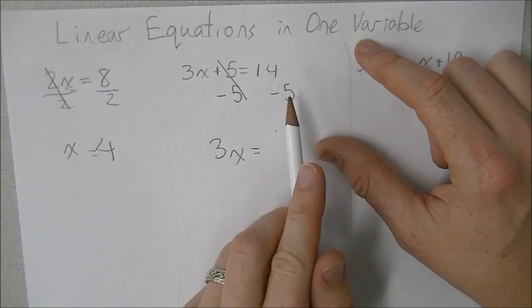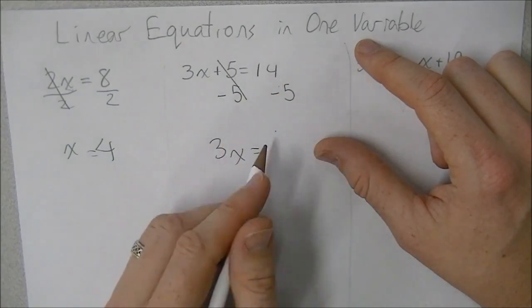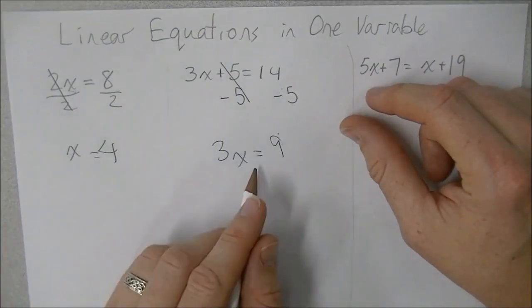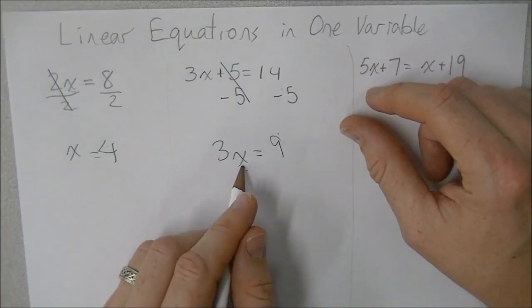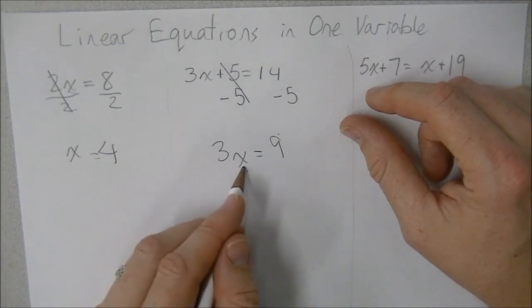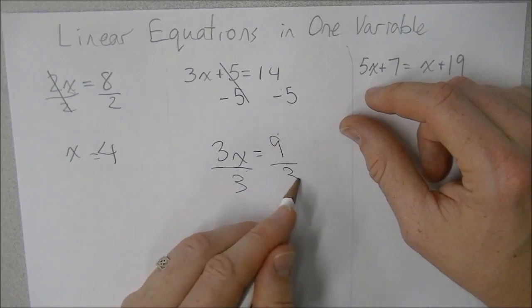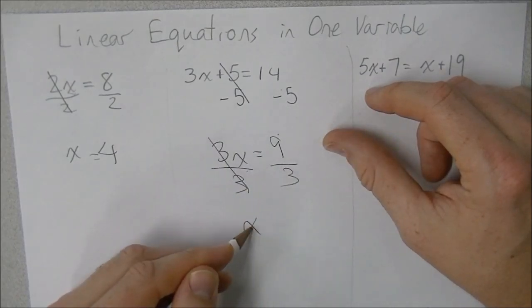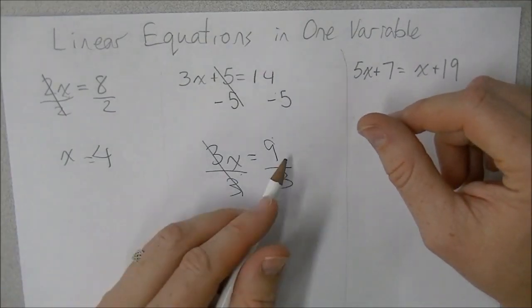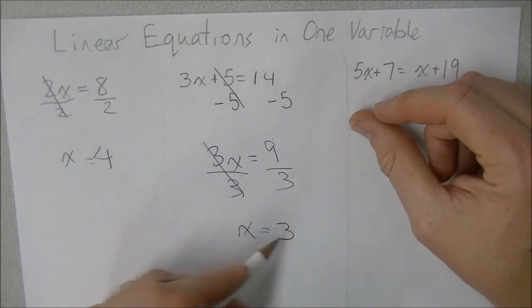On this side, I have 14 minus 5, which gives me 9. Now I'm back to basically the same thing that I had with this equation over here. It's a one-step. So I say, I'm multiplying by 3, so I'm going to divide both sides by 3 to isolate x, get x by itself. And now I have 9 divided by 3, x is 3.